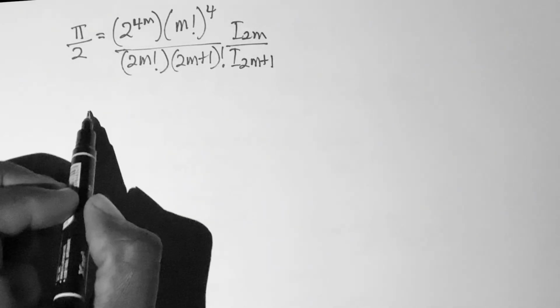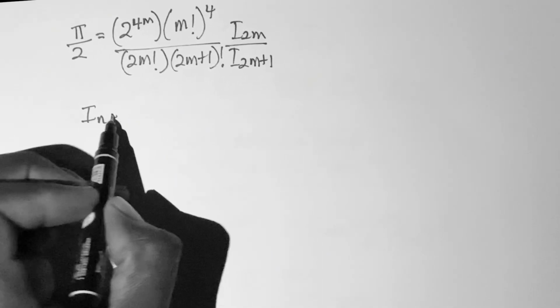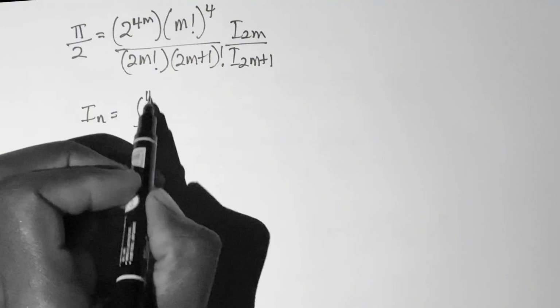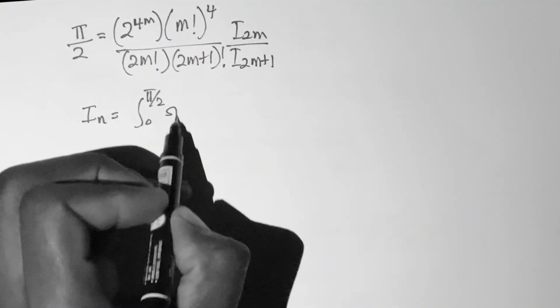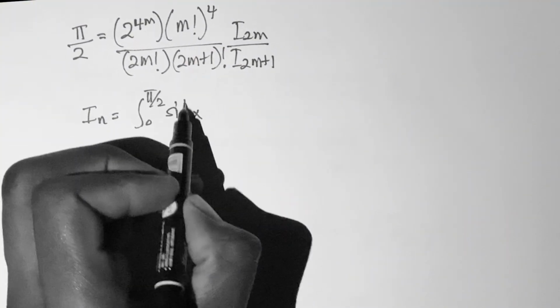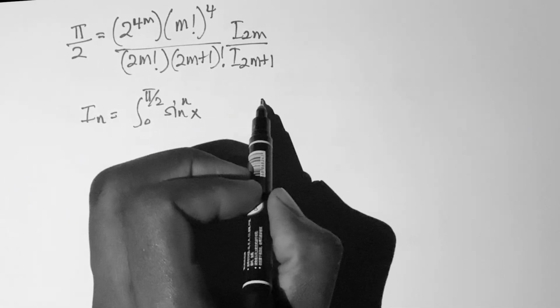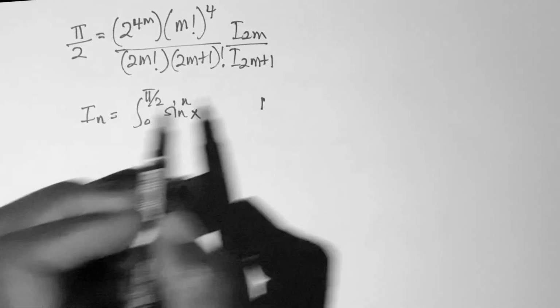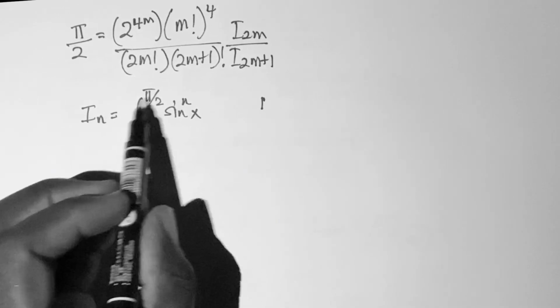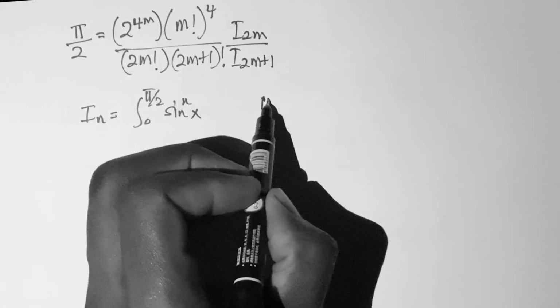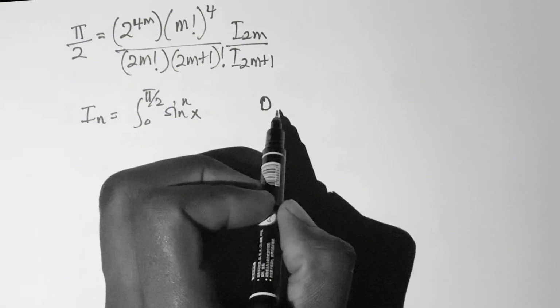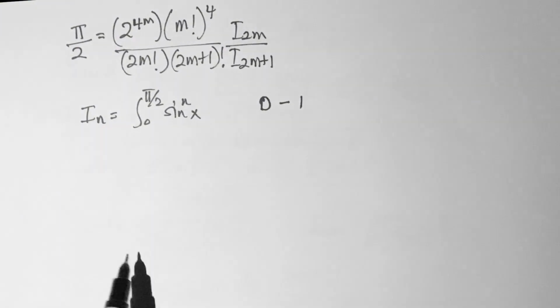Now, remember that we said I of n is equal to integral 0 to pi on 2 sine x exponent n. So what it means is that, remember that the value of sine is between, in this case, since the limit is between 0 and pi on 2, the value of sine is between 0 and 1.